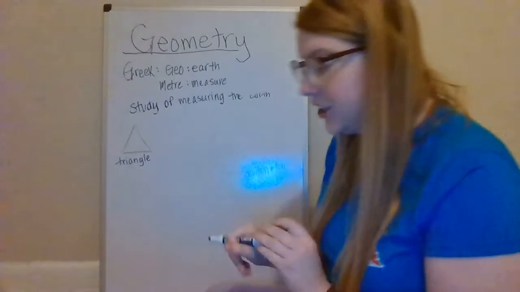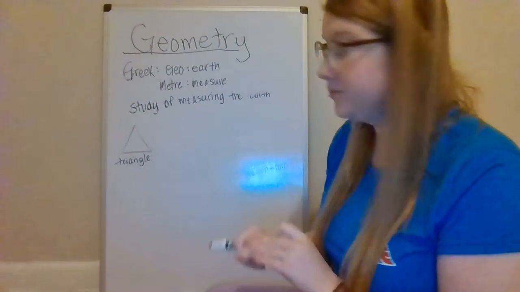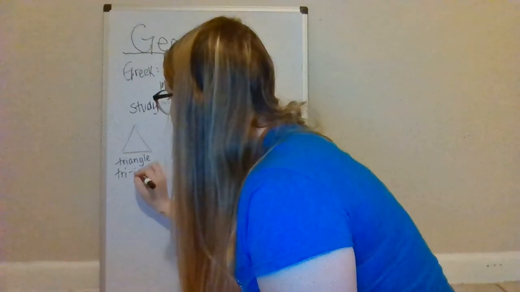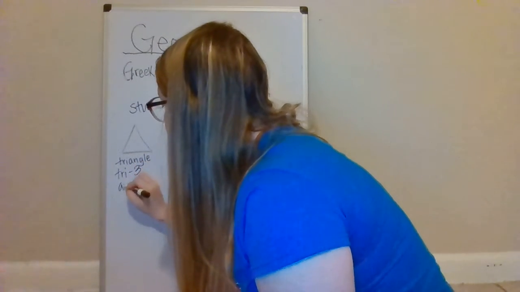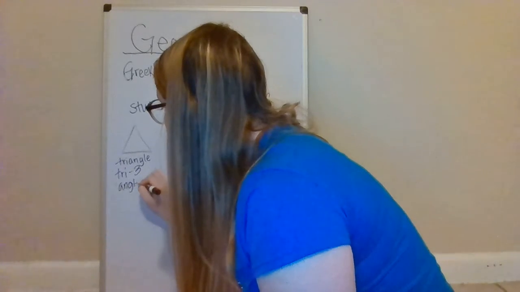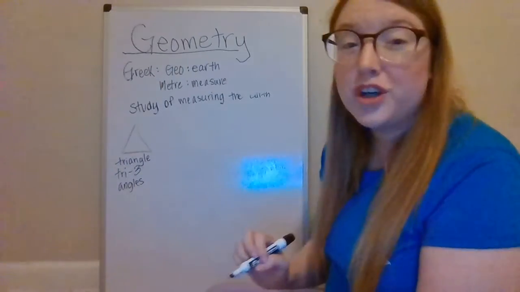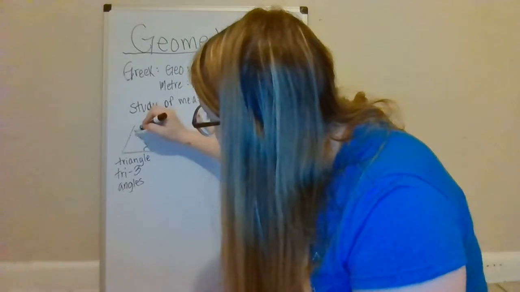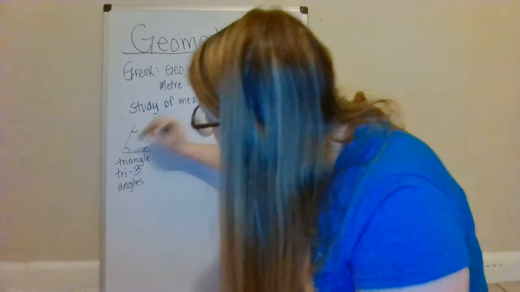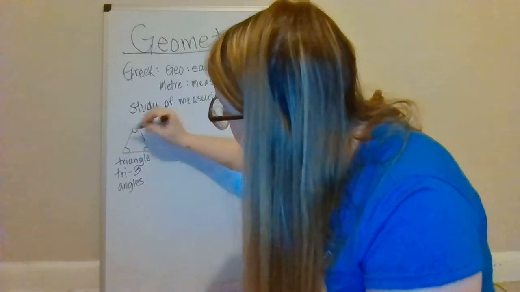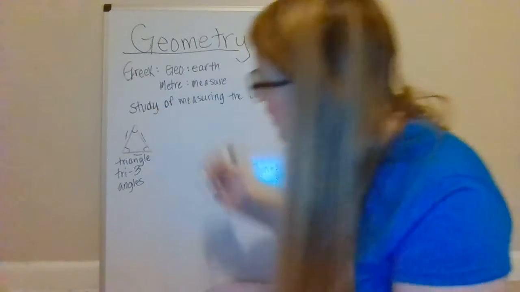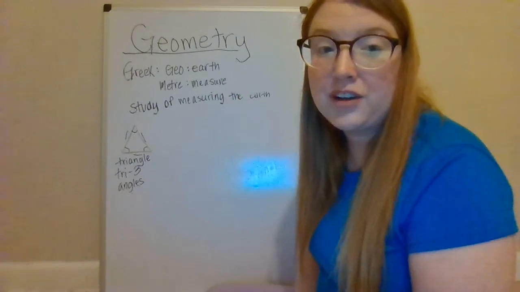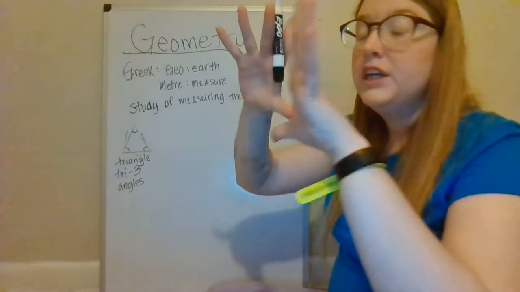Now this is called a triangle because tri means 3 angles, but then there's also 3 sides. So there's 1, 2, 3 angles, and then 1, 2, 3 sides. So that's a triangle.